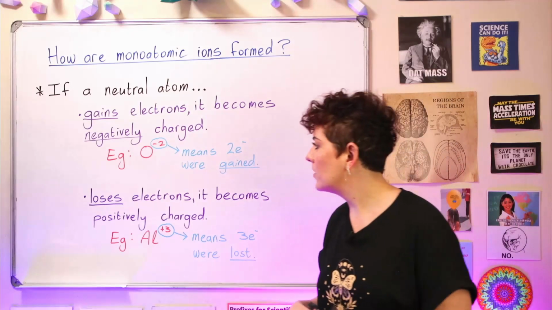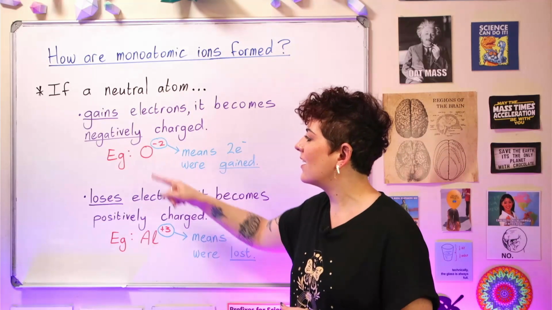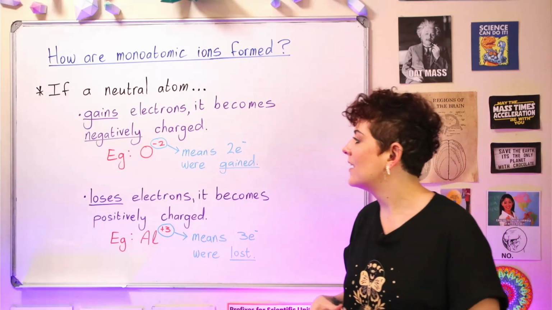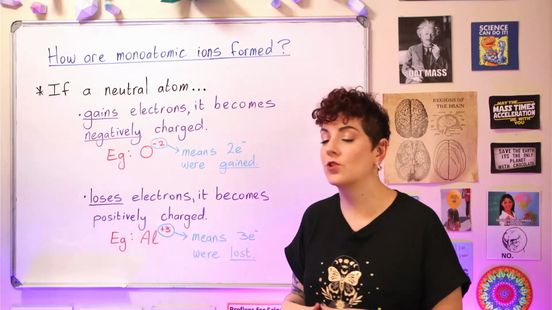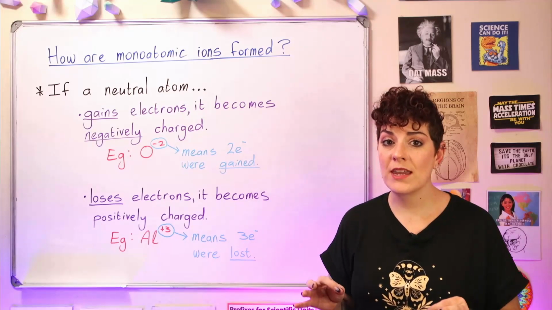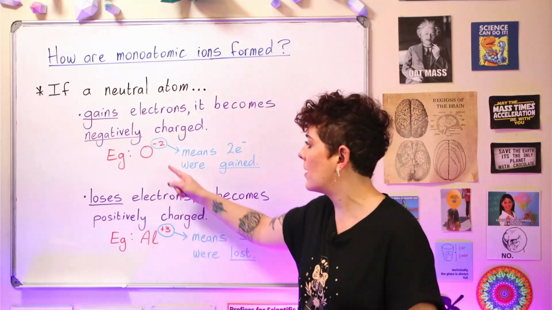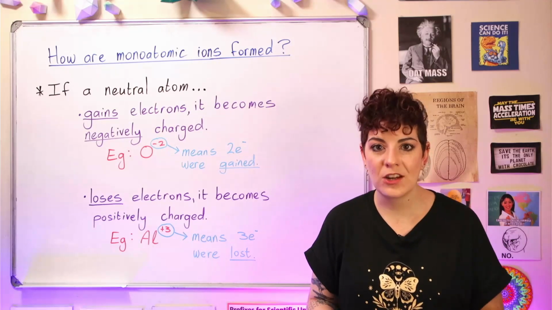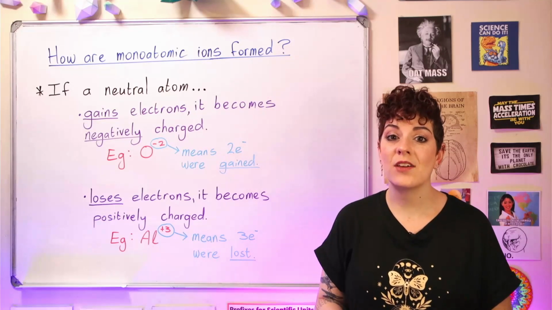Here's an example. So here is the oxide ion. That is an ion of oxygen, and it has a charge of -2, which you could have written as 2-. Now, please be very careful because when you see a charge of -2, it does not mean that it lost 2 electrons. It actually means the opposite.